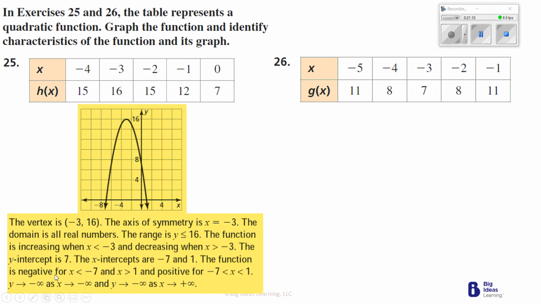The function is negative when x is less than -7, okay? And it's positive in between. So when y is heading toward the -infinity, x would be -infinity or +infinity, right? All right, let's see. Are there any others for me?